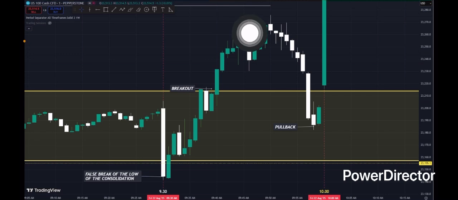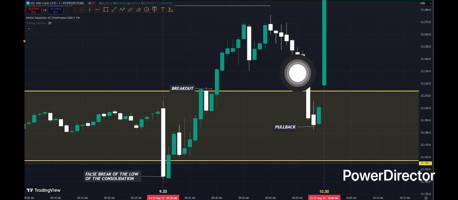So we displace to the upside, put in this little M formation, and then check this out, okay? 950 right here with these pins all going into the highs. From 950 to 958, 959, we dump back down into these breakout levels, okay? We're dumping down just before the news release at 10 o'clock.